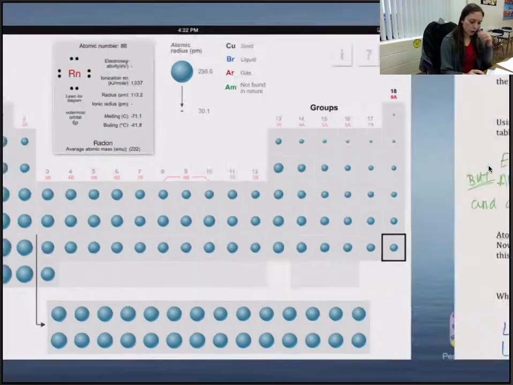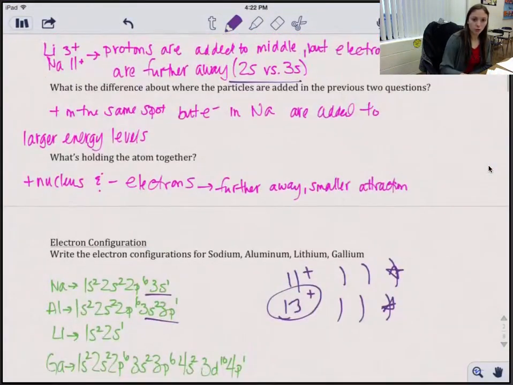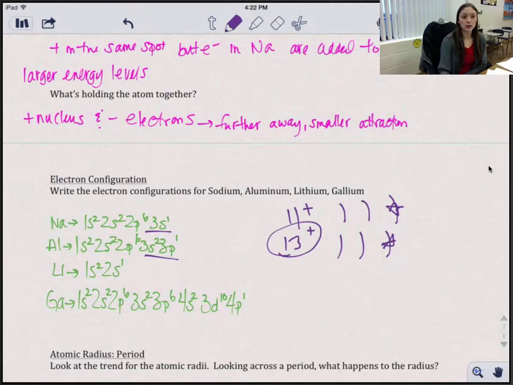This goes back to our earlier question, where it said, what am I adding when I go from lithium to sodium? I'm adding electrons. I'm adding protons. Lithium only has 3 positives, but lithium only has 2 levels.